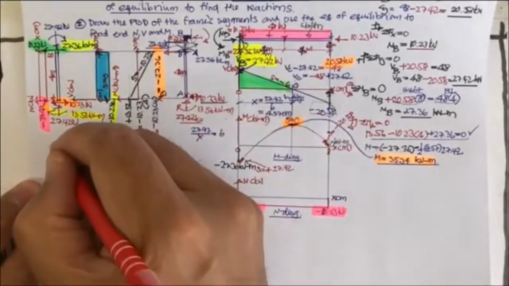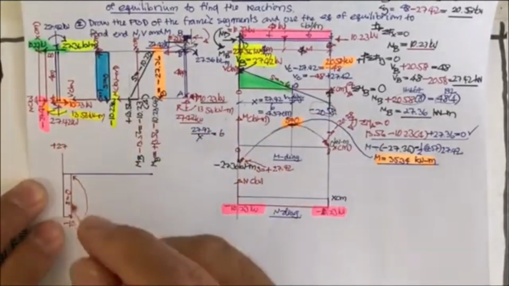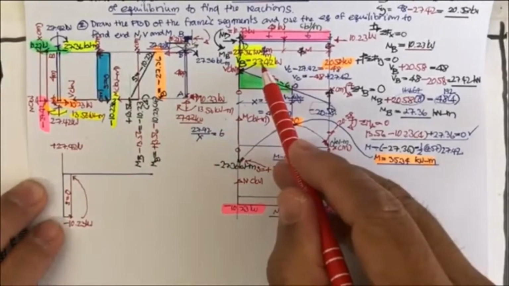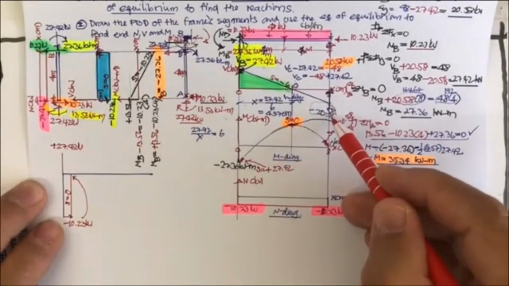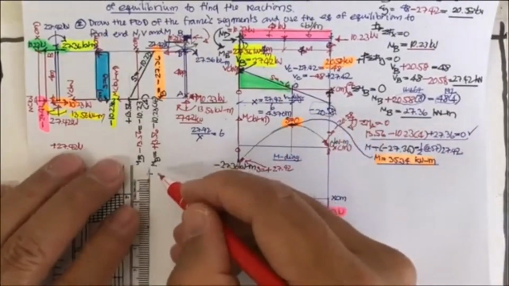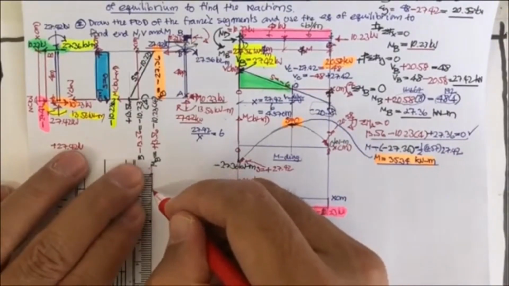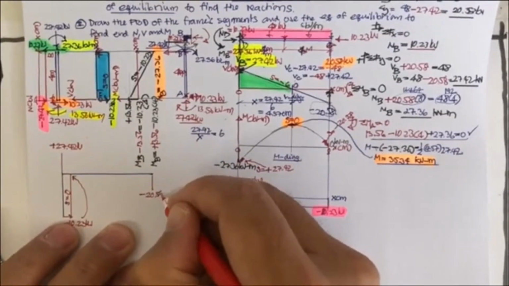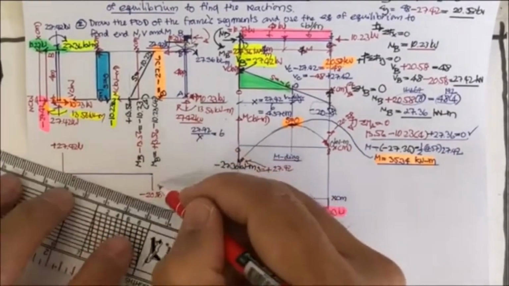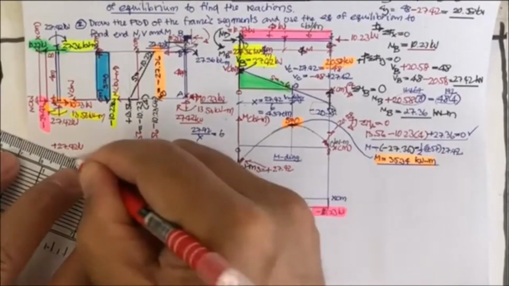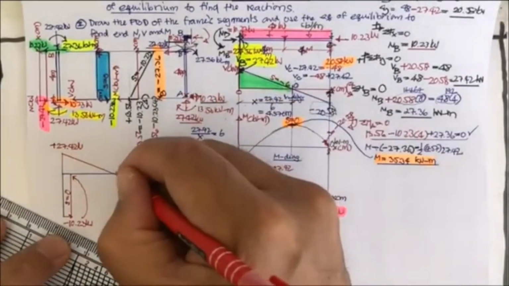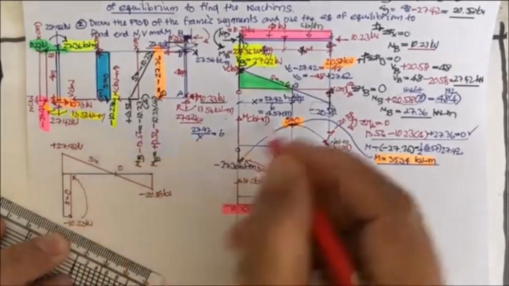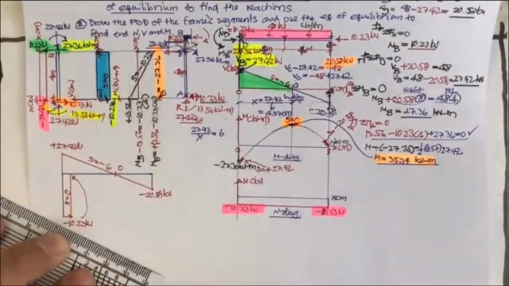That is going to be plus 27.42 kilonewton. And then this is going to be minus 20.58, so it's going to be about this, minus 20.58 kilonewton. Then you get this diagram, and you get the 0 here, and you've got to put the slope here equal to minus 6.